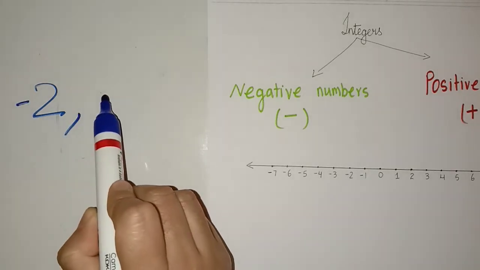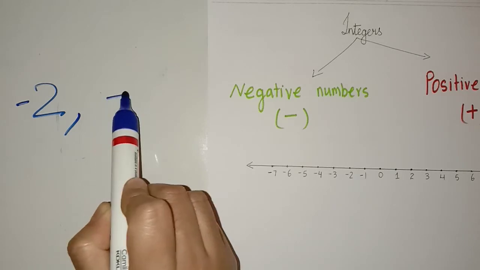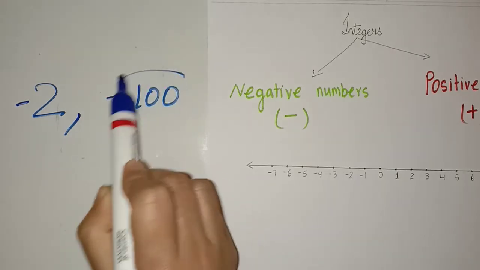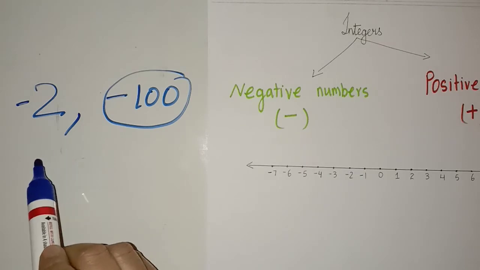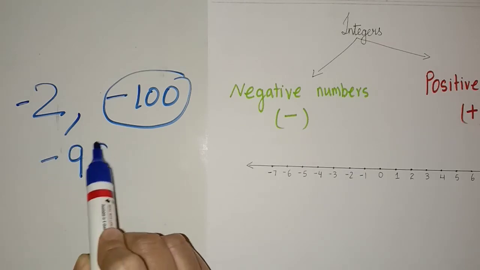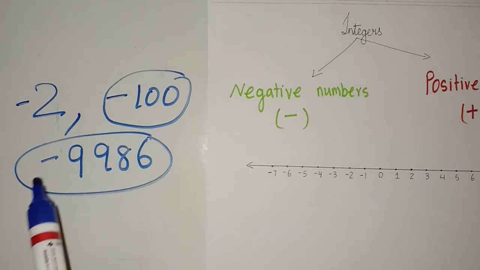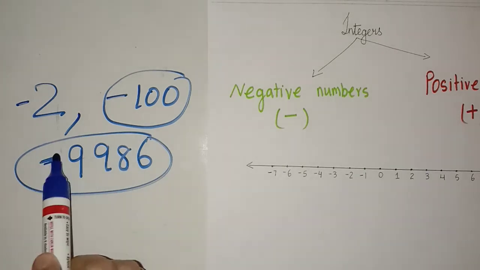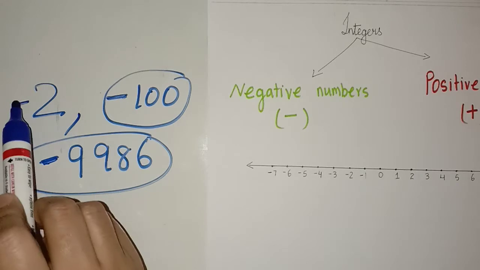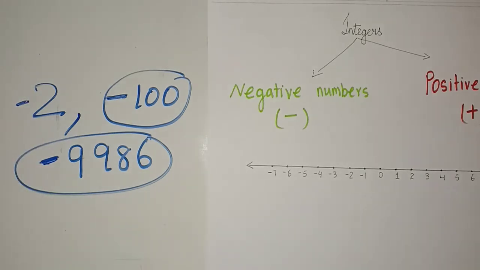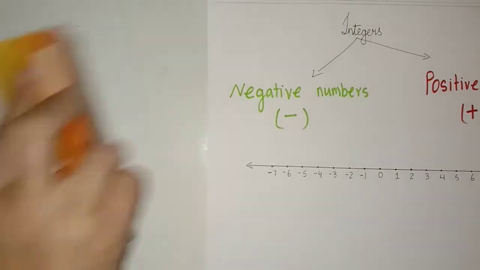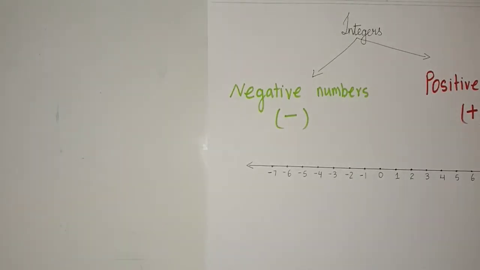Next, how do we write a negative number? Suppose minus 100, that is a negative number. Let's say minus 9,986. This is a negative number. So whenever you see the minus sign before the number, that number is a negative number. Now there is one number which is neither negative nor positive.